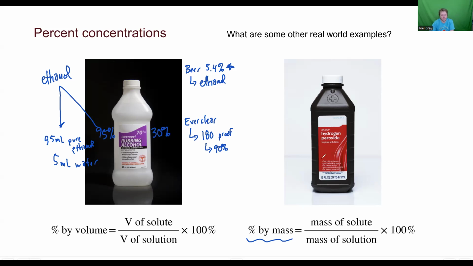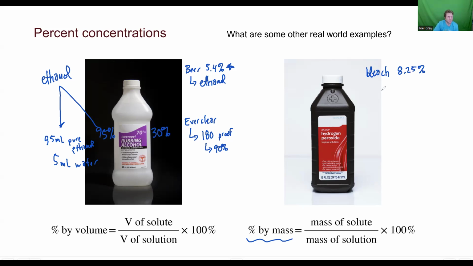Now, if you take something like hydrogen peroxide or bleach as another example, bleach, if I remember correctly, is like 8.25%. That 8.25% being the active ingredient, the sodium hypochlorite. That 8.25% is going to be the mass of your solute.